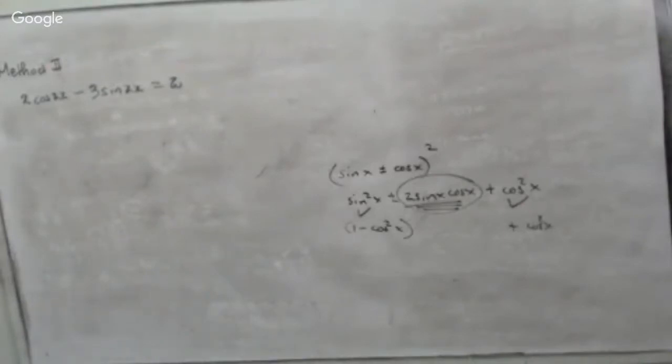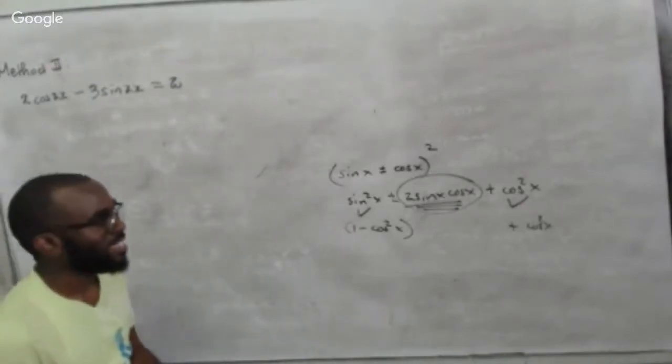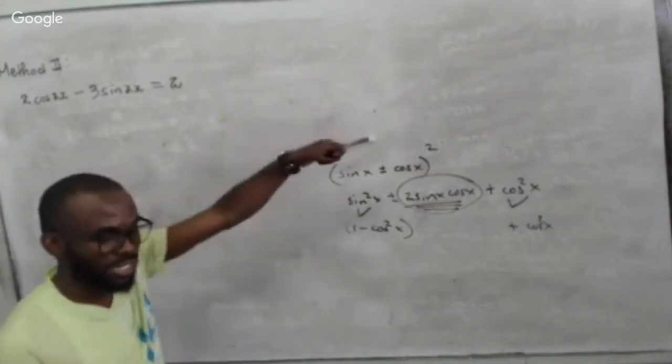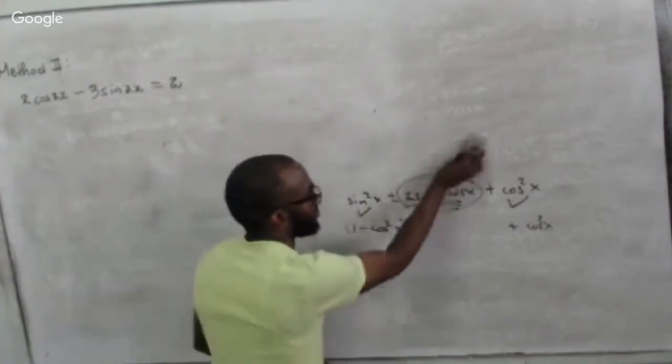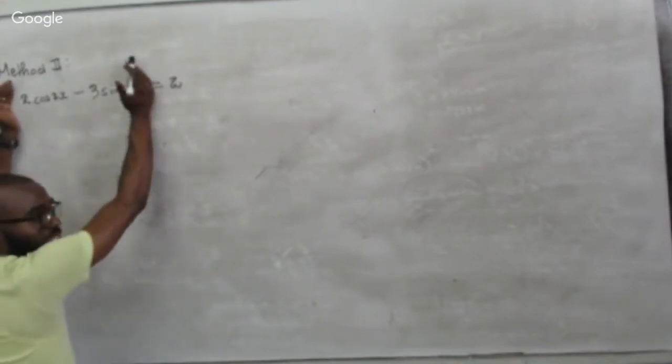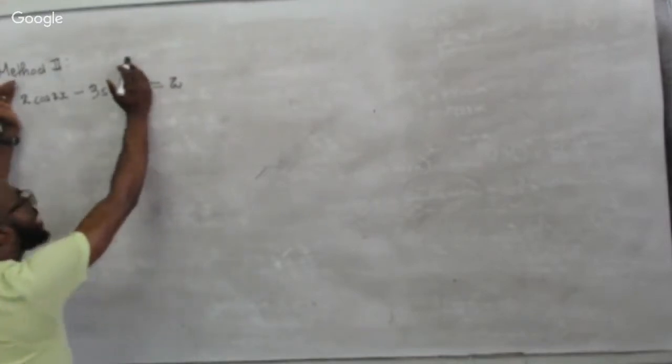Or in a way that I cannot, if I ensure that sine alone is on one side and cosine alone is on the other side. In other words, if I square sine and cosine to get one side, I'm not going to get rid of sine and cosine.